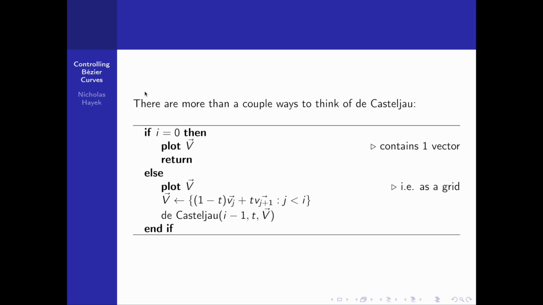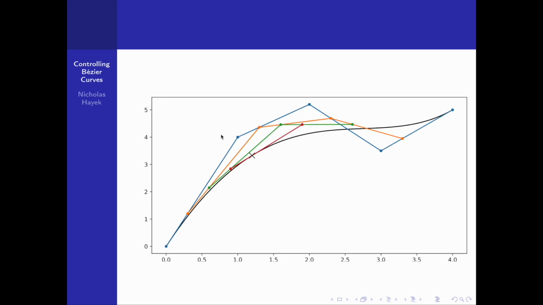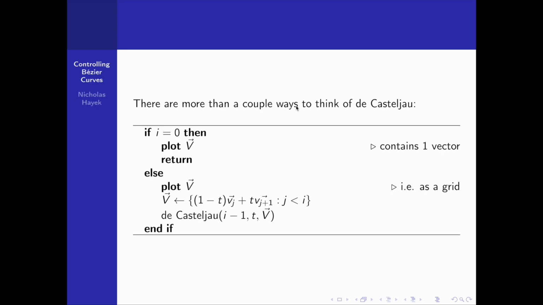But here, what we are doing is we are getting a control polygon, and we are going to reduce that control polygon to a secondary control polygon, which is made up of the linear interpolations that we were talking about. And so this orange control polygon and this green control polygon are those, and they are just positioned in space differently.